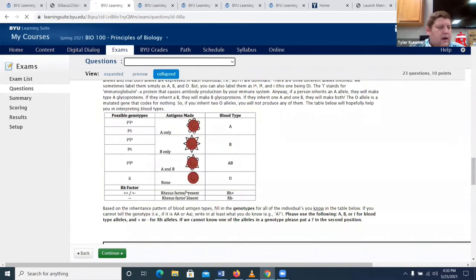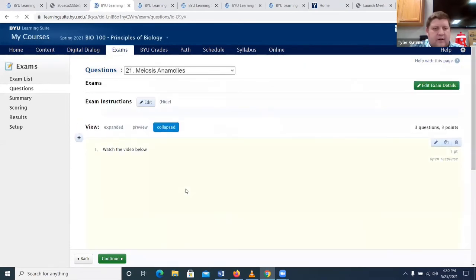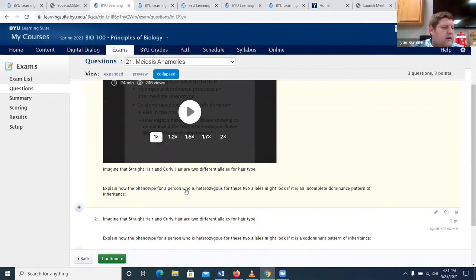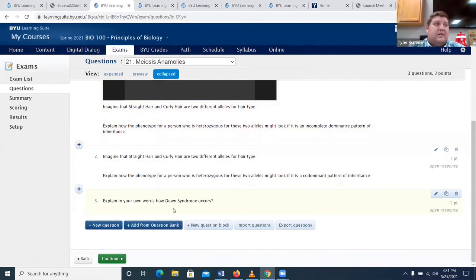Okay. Meiosis anomalies. I went over the anomalies and how they occur to produce triploid or monoploid individuals, right? How that can happen through that non-disjunction occurring. Essentially, the chromosomes don't separate properly, and as a result, you end up with individuals who have, for one particular chromosome, 3 or 1 instead of the 2 that they should have, and there's complications as a result of that.